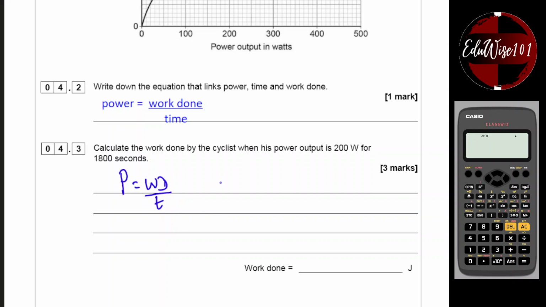Rearranging that equation, the work done is equal to the power multiplied by the time. So the power is 200 multiplied by 1800. That gives me 360,000 joules.